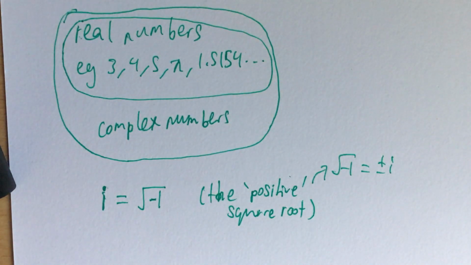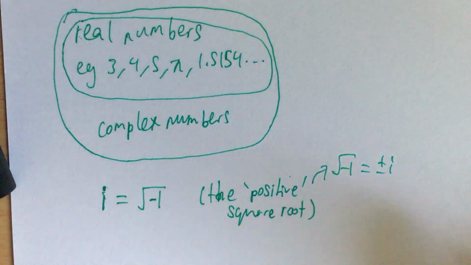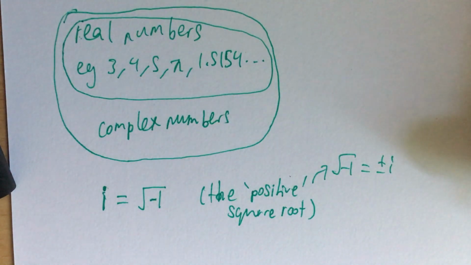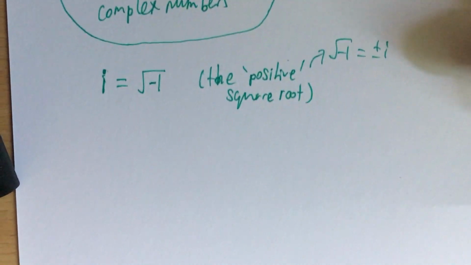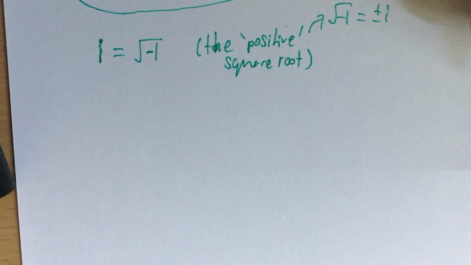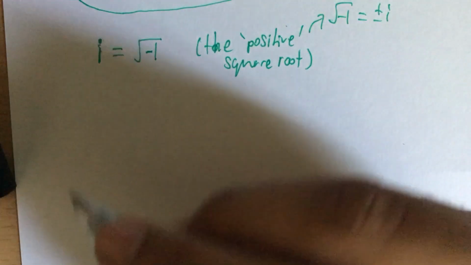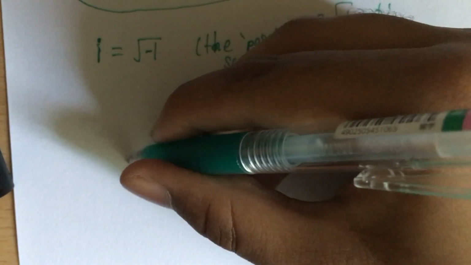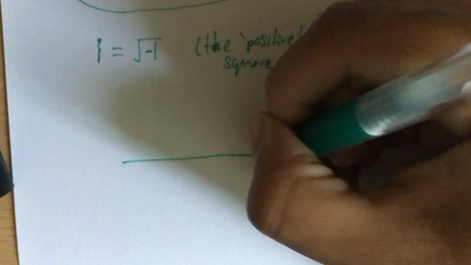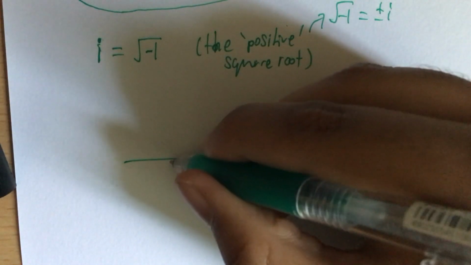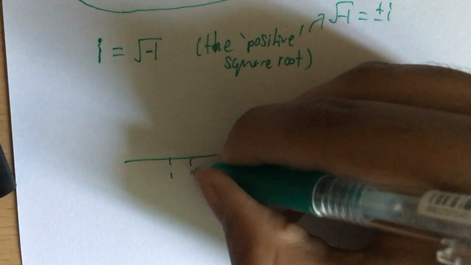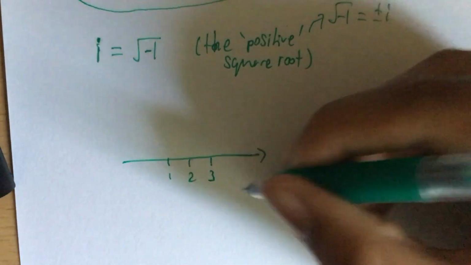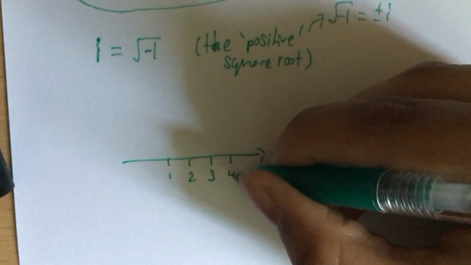So what happens once you get this whole another infinite range of numbers in a different system? If you want to show it on a graph, won't it be hard in a way? For real numbers, you can do it with just one line. You have the x-axis, and you have 1, 2, 3, 4, 5, and so on, and you can indicate any number along that line.